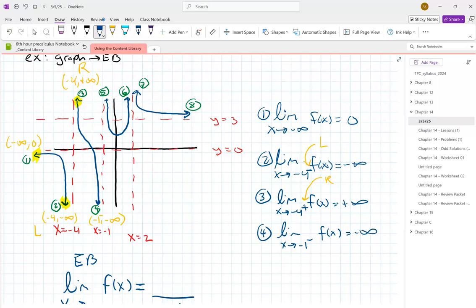What about the 0, unlike the first one? We don't need to do that, because it's okay for a function to go to the same y value. What's not okay is for the same x to go to 2 different y values. So we're only worried about the left and right from the x's.